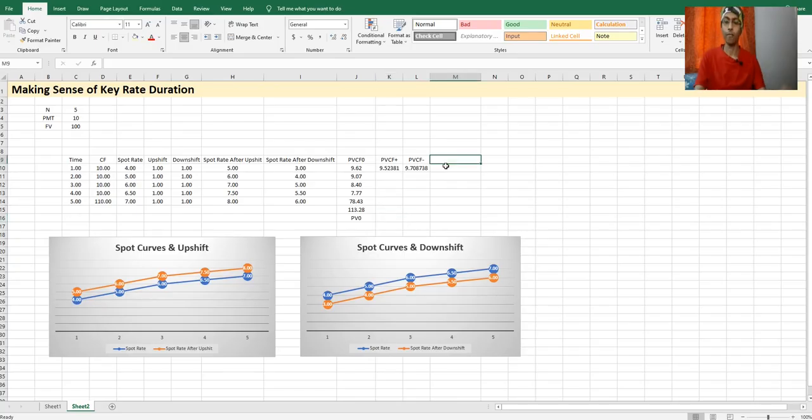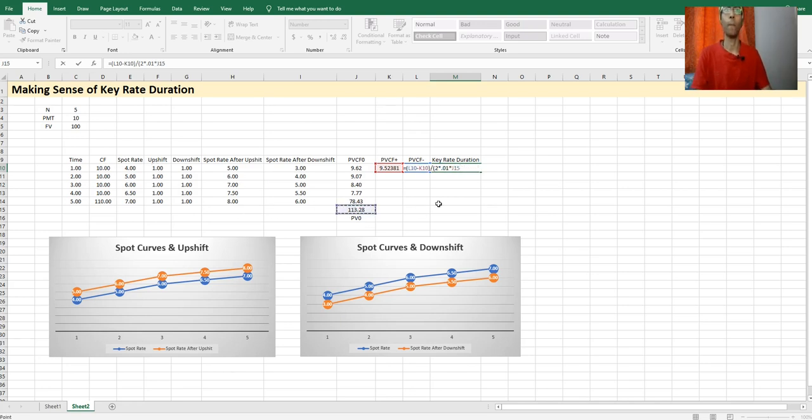So here, if we write key rate duration, this will be equal to PV minus minus PV plus divided by 2 into, you can say this shift is 1%, right? So it is 0.01 multiplied by PV0.